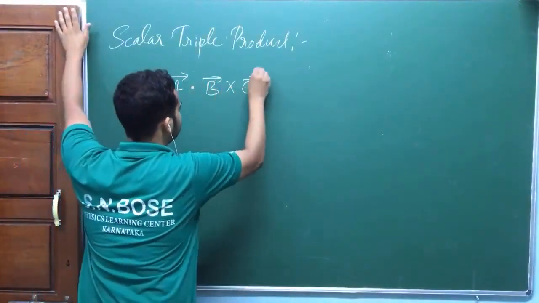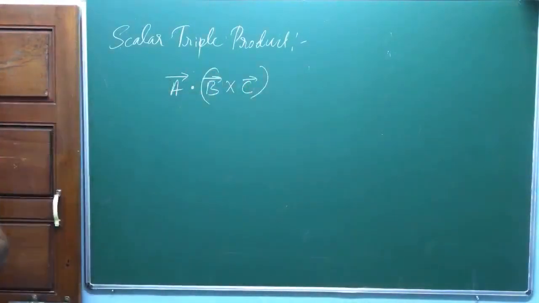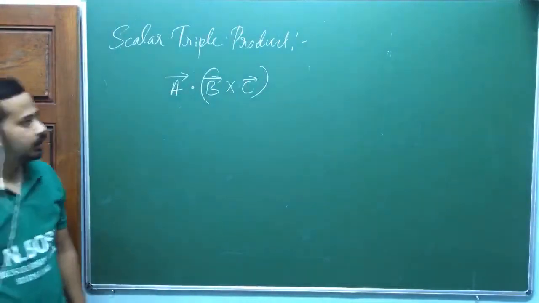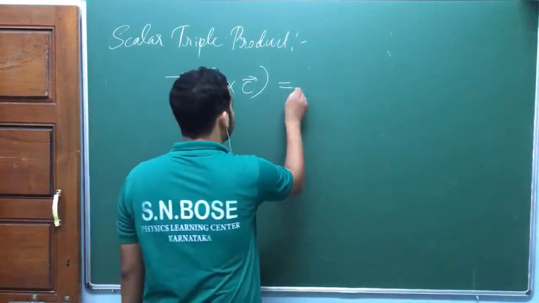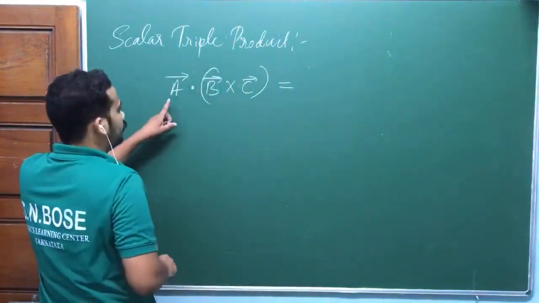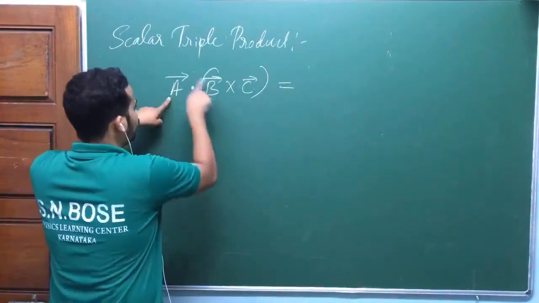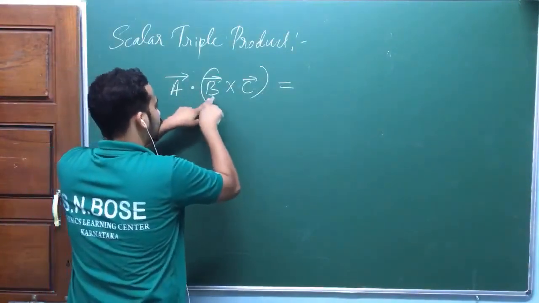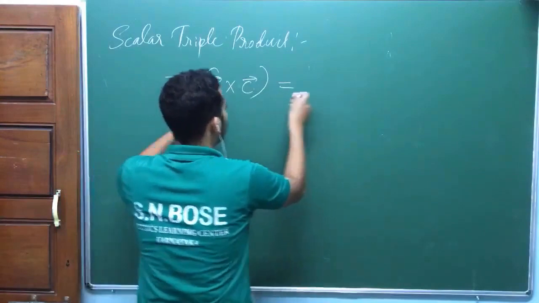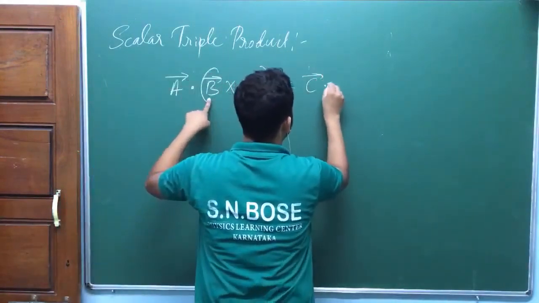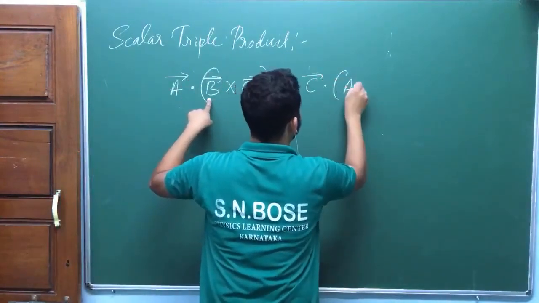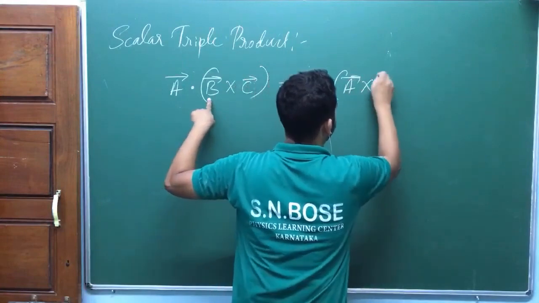A dot B cross C. We call this a scalar triple product. Actually, you can change A, B, C in a cyclic order. So take A to B, take B to C, take C to A. So this is equal to C dot A cross B, where A goes to B and B goes to C.